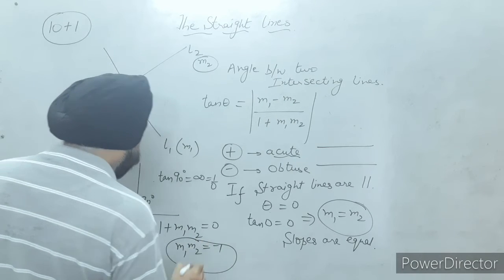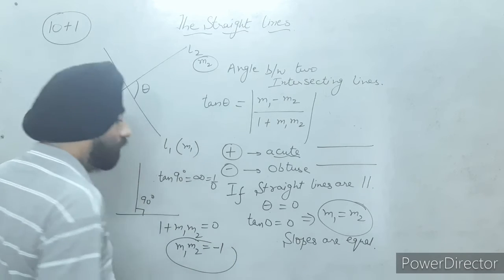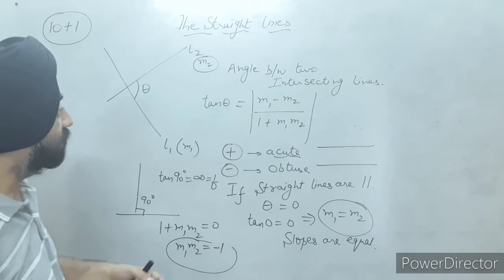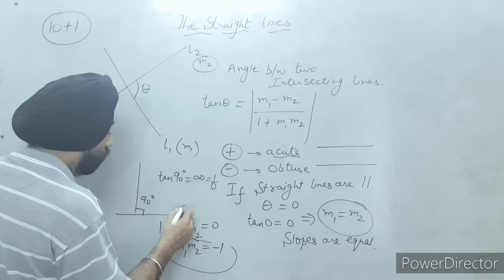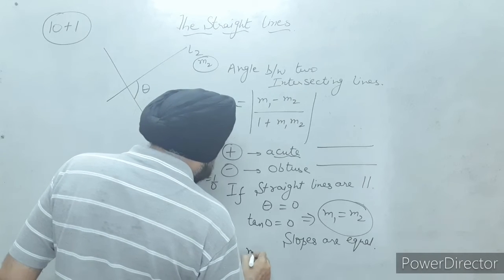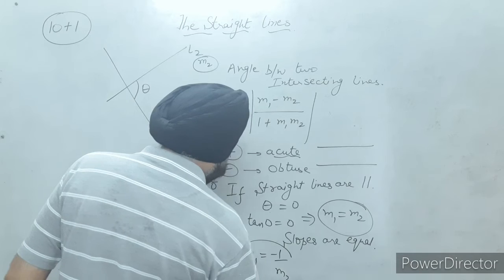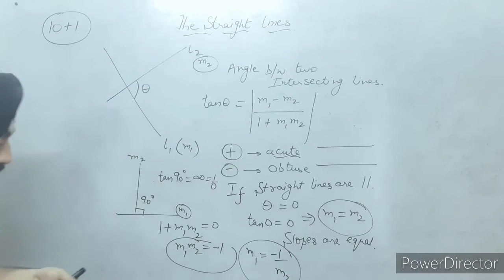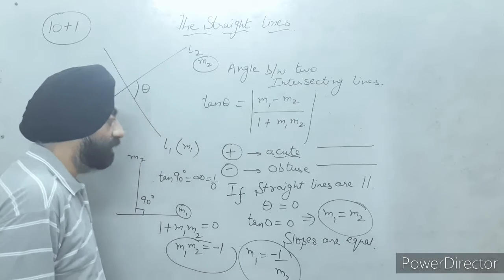That means the product of the slopes should be equal to minus 1, or in other words, if this is m1 and this is m2, the slope of one line is the negative reciprocal of the slope of the second line, or the product of the two slopes is equal to minus 1.